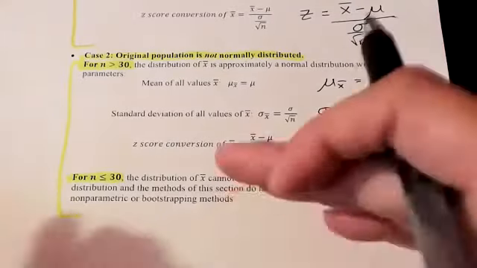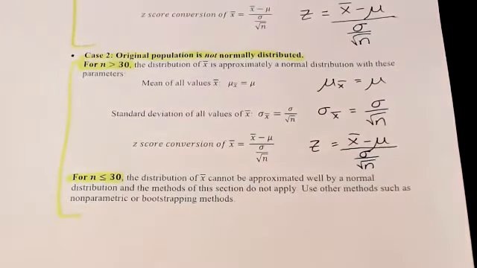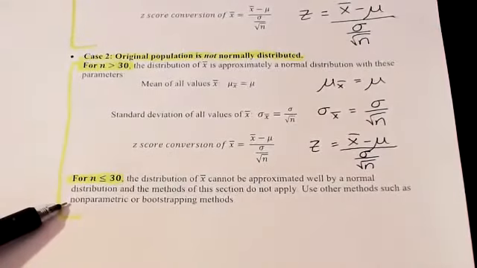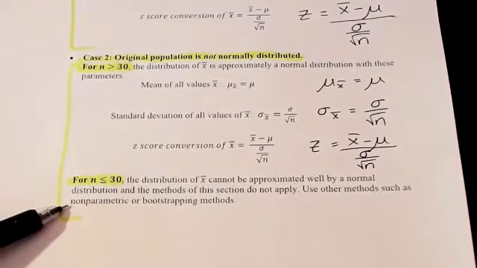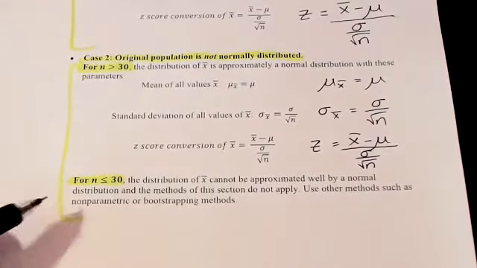So if we were faced with this particular scenario, we would have to use other methods like non-parametric or bootstrapping methods in order to calculate the mean, the standard deviation, and be able to do a z-score conversion. Fortunately for us, or maybe unfortunately, depending on your perspective, we will not be looking at non-parametric or bootstrapping methods. That is not for this class. It is outside of our purview.